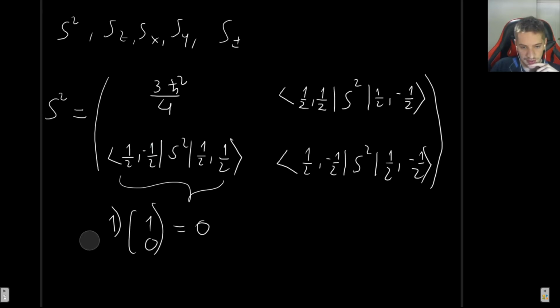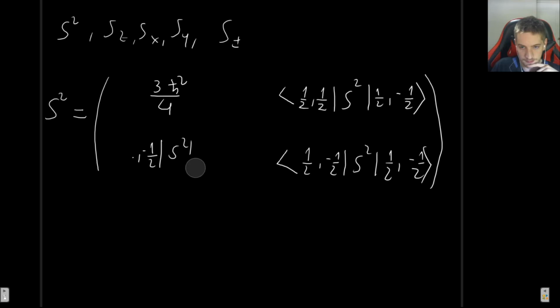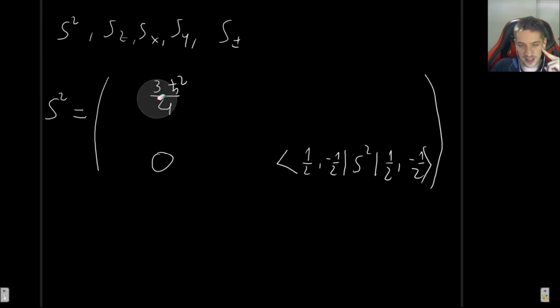So this right here is simply 0. Right, and that's because these states are orthogonal. Similarly, this right here is also 0 because it's the inner product between two orthogonal states. And if you want, you can check yourself just by applying this inner product between the two, this bra and ket.